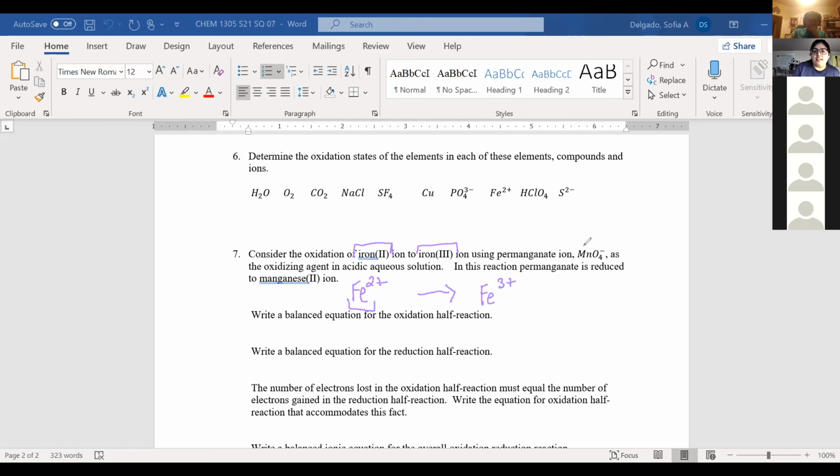Okay, and then this permanganate ion, it tells us that we're going to use it to oxidize the iron. So does it go on the product side or on the reactant side? Product side. I also heard reactant side. Somebody want to break the tie?